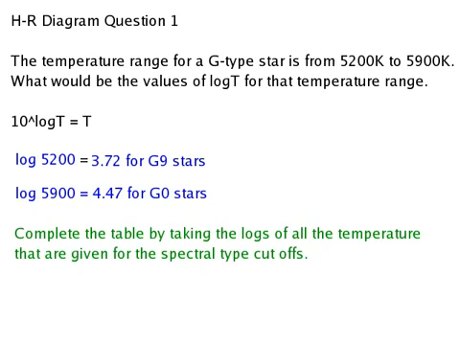Okay, the next questions start with looking at an HR diagram, and you can go to the GPC Astronomy website to look at an HR diagram where you can toggle between the brightest stars and the nearest stars.